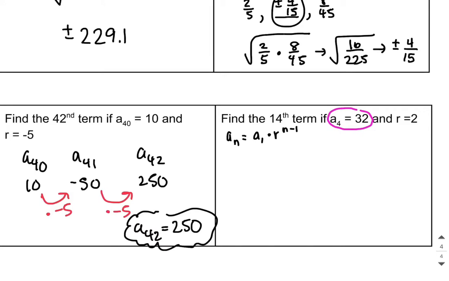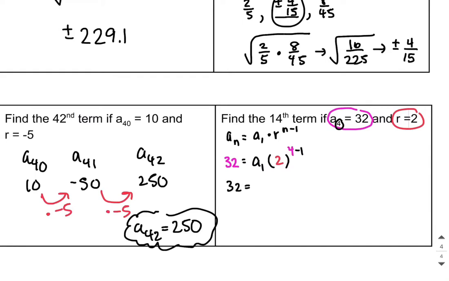So I can plug in, I know a sub 4 is actually 32. So I'm going to do a sub 4 is 32, and that's equal to a sub 1 times, I'm going to replace what I know, and I know r is 2, so I'm going to put 2 here, 2 to the n minus 1 power, and n in this case is 4. So it's 4 minus 1. I'm going to simplify this now.